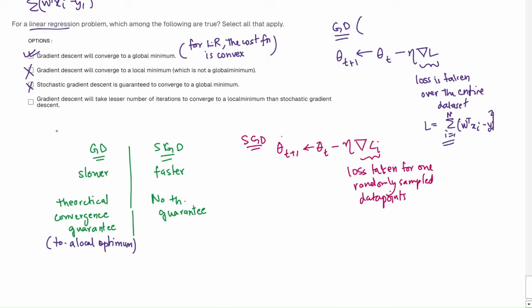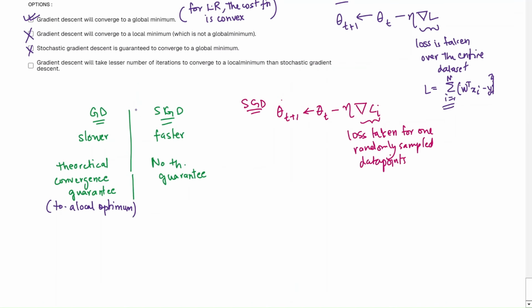Gradient descent will take lesser number of iterations to converge to a local minimum than stochastic gradient descent. Okay, so one more difference between gradient descent and stochastic gradient descent is that each iteration in gradient descent takes too long.